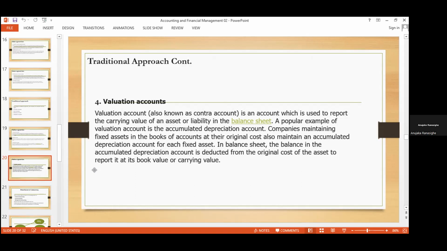A valuation account is an account which is used to report the carrying value of an asset or liability in the balance sheet. A popular example of the valuation account is the accumulated depreciation account. Depreciation are also normally accumulated accounts. Accumulated amounts are here.